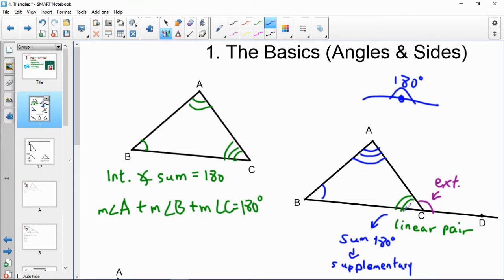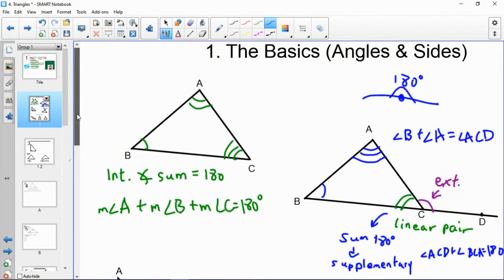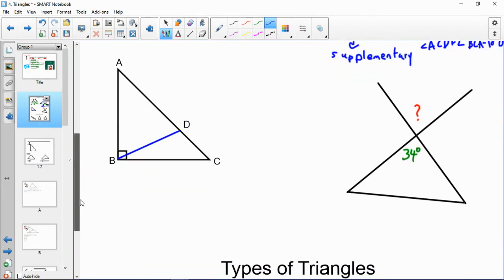So in this case, down here, I showed you that angle ACD plus measure of angle BCA has to equal 180. Another rule you should learn is that angle B plus angle A is going to give you angle ACD. And that's 2 rules you should learn about the exterior angle of a triangle. And then we move on.